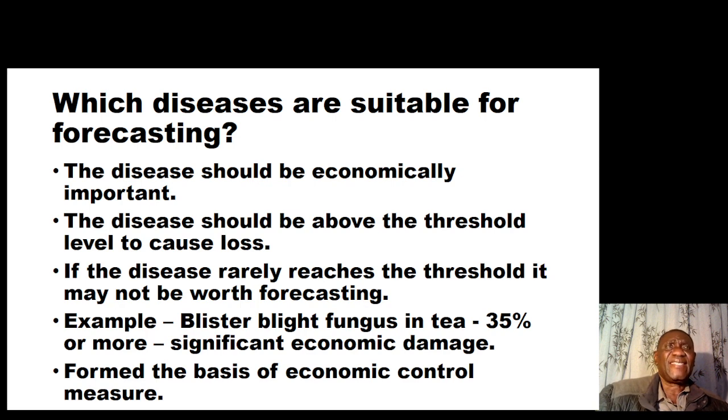If the disease rarely reaches the threshold, it may not be worth forecasting. Example, blister blight fungus in tea can occur at 35% or more. This can cause significant economic damage.